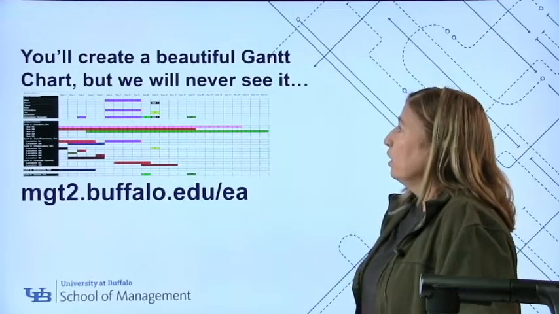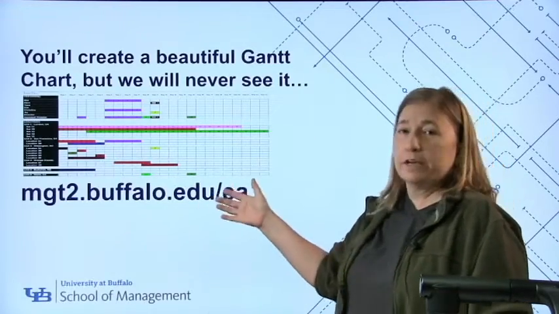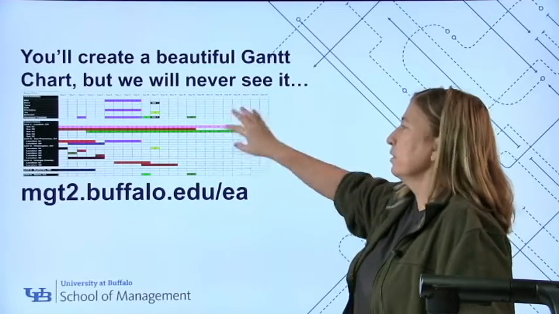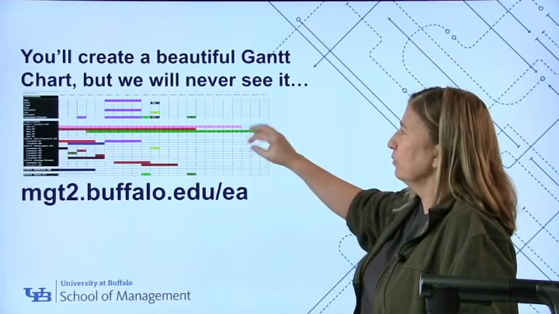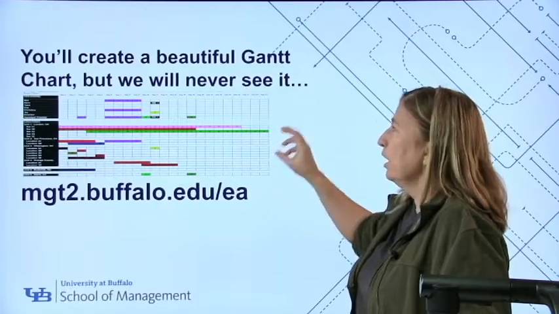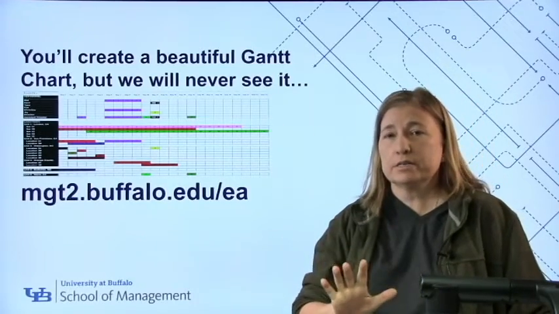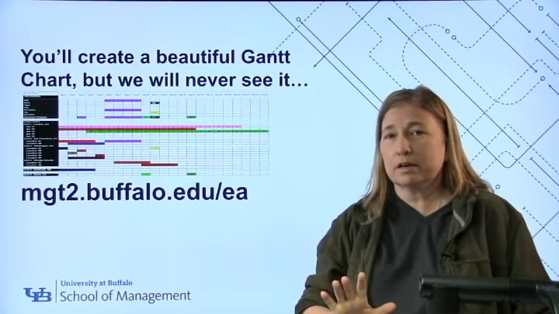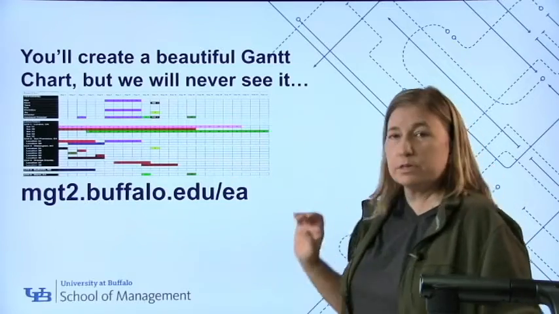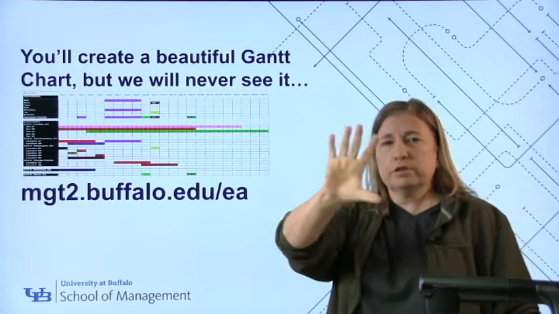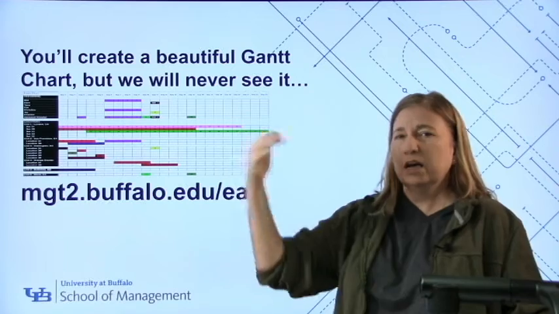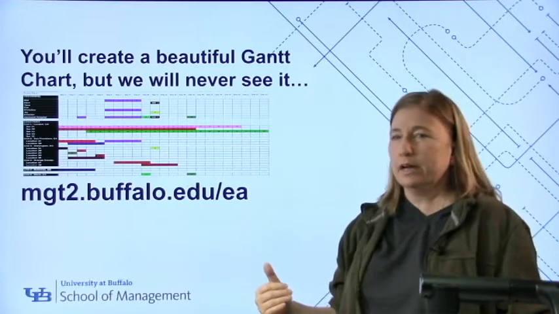Now, you'll create a beautiful Gantt chart. So here's something that the macros painted, which has fewer mistakes in it. We're never going to see it. That's the ironic thing. Whether it's on paper or whether it's a spreadsheet, you will create this beautiful vision of the timing of 73 tasks, and we are never going to see that.